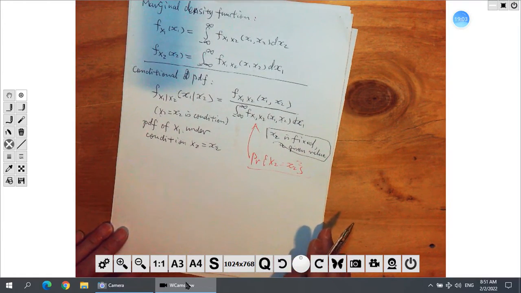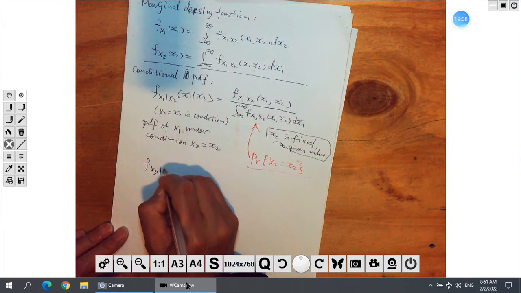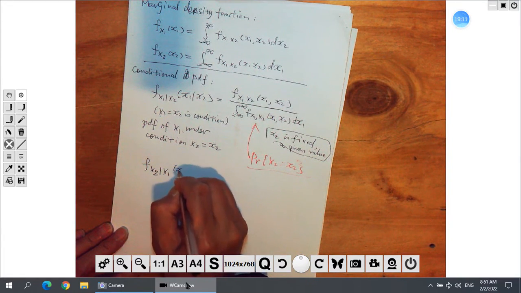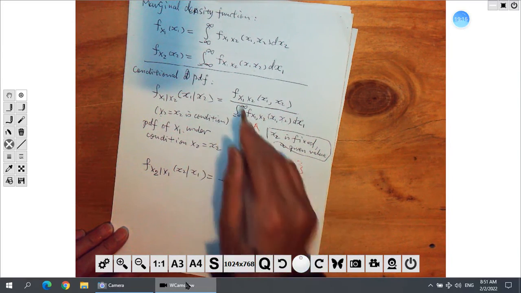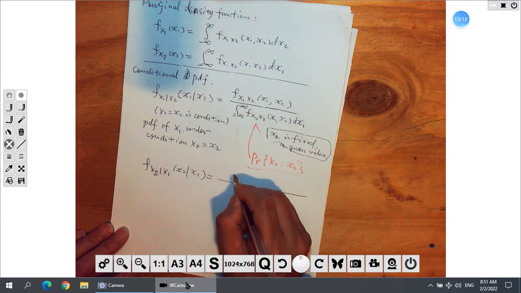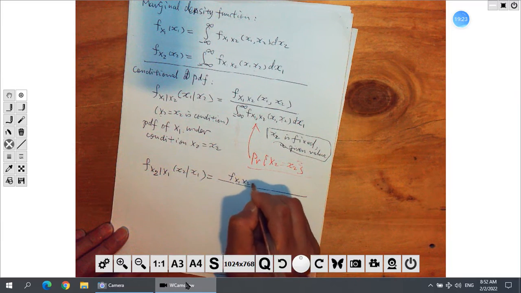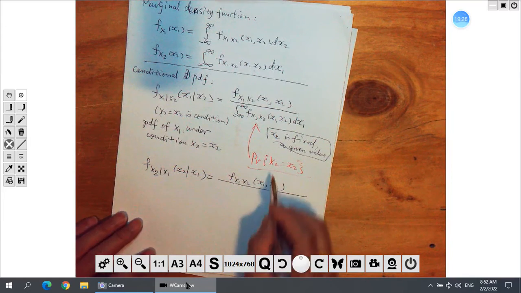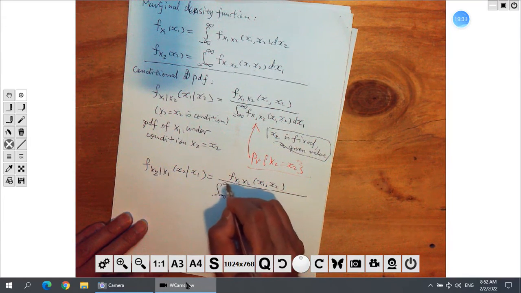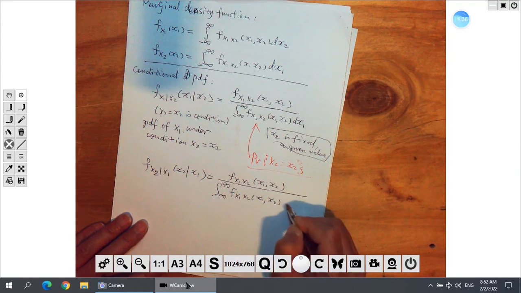And similarly, we have x2 given x1 as a condition, f of x2 given x1. Symmetrically, you just change x1 and x2. For the numerator, it's the same, still f(x1, x2). And the denominator will be the integration of f(x1, x2), but now dx1 changes to dx2.